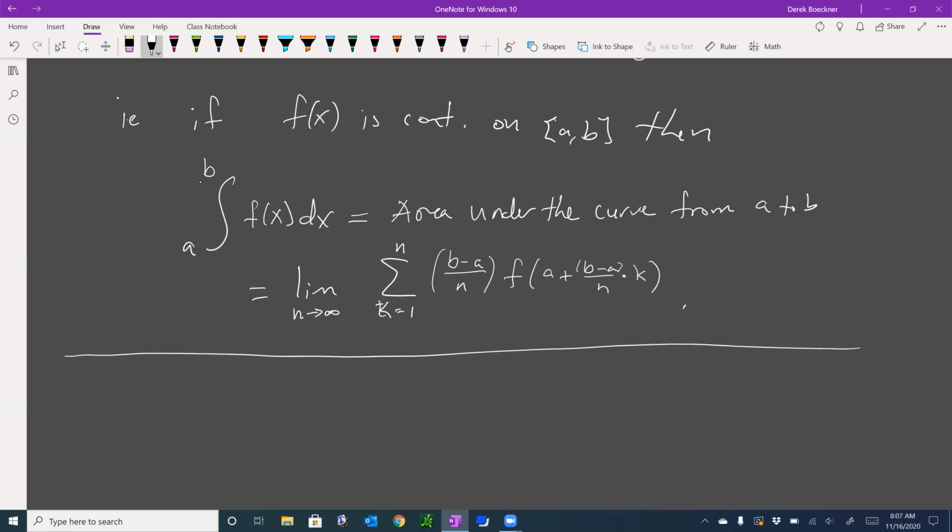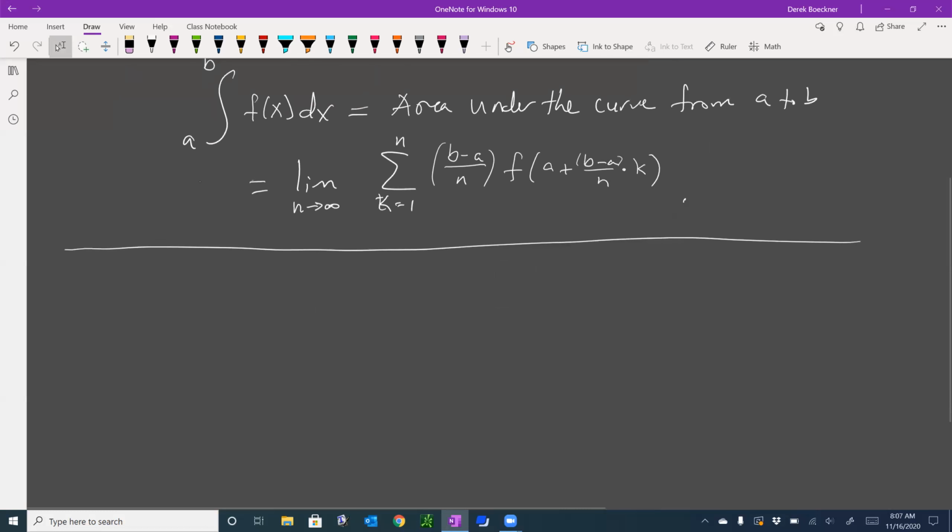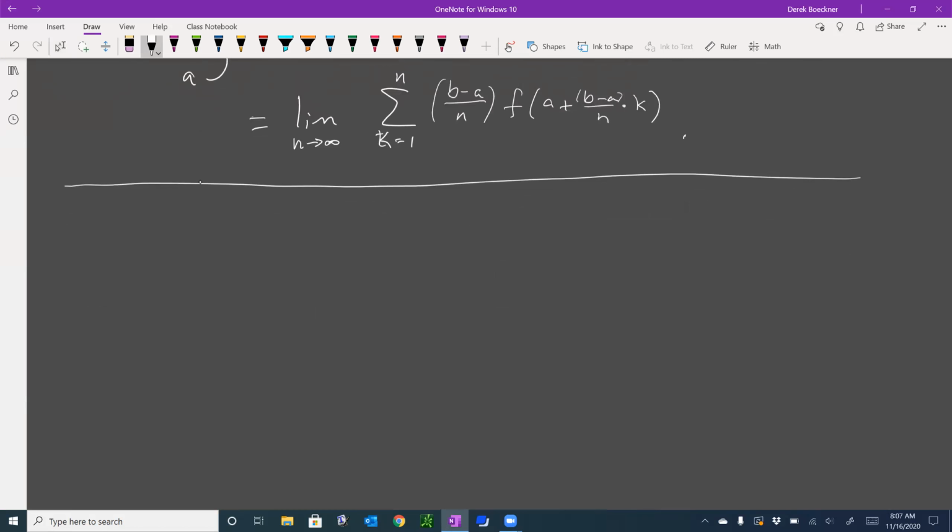So let me give you an example of one that's not integrable. It's a function that we've seen before. We're going to have a whole bunch of dots up here at 1, and a whole bunch of dots down here at the zeros. This is really discontinuous.